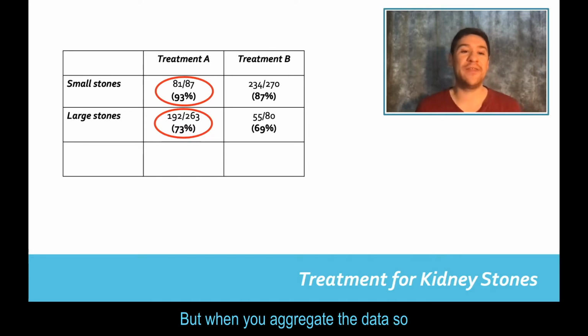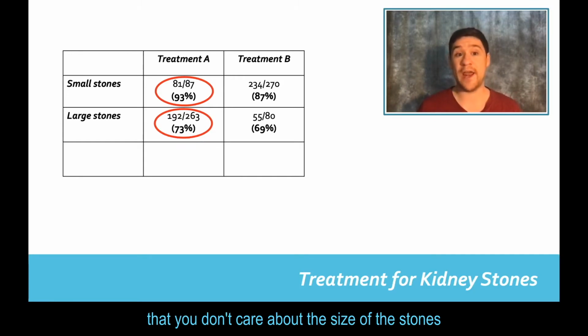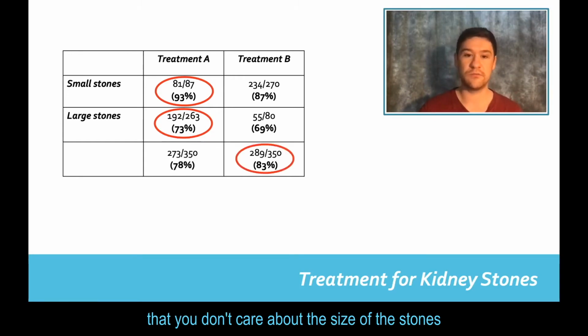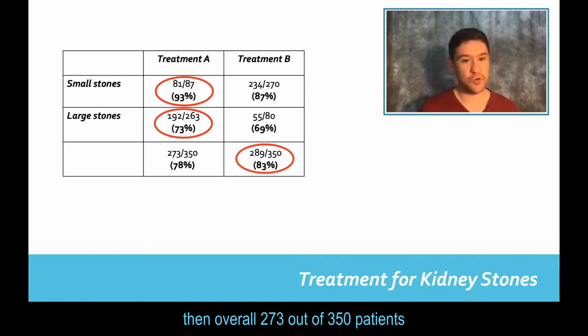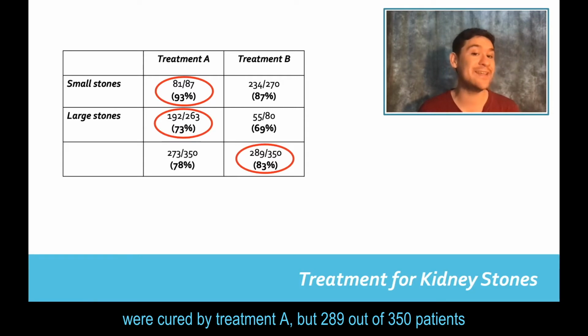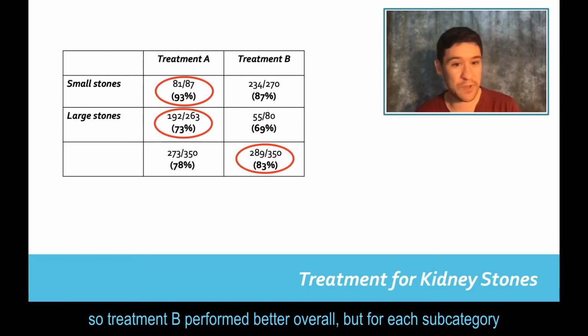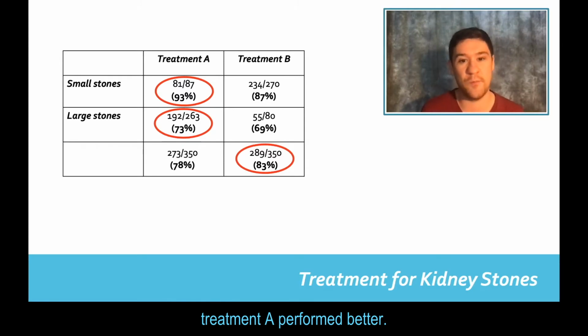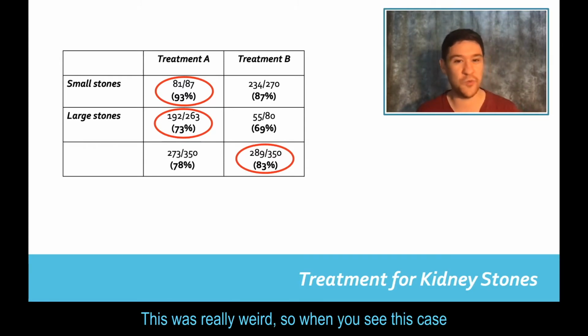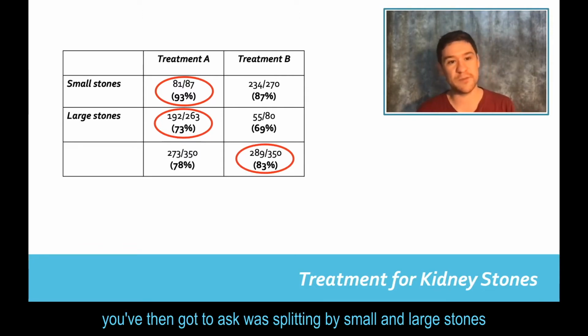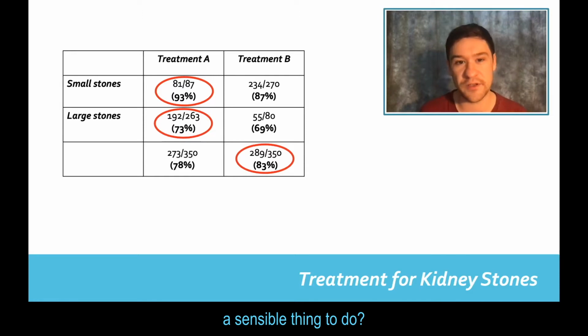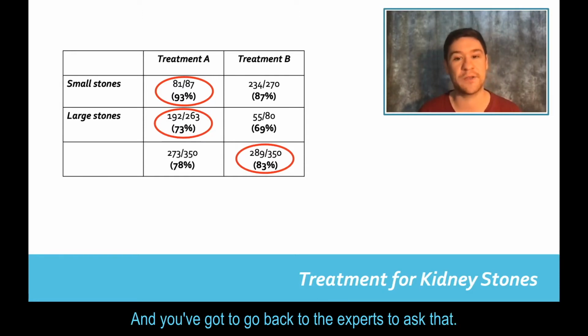But when you aggregate the data so that you don't care about the size of the stones, overall 273 out of 350 patients were cured by treatment A, but 289 out of 350 patients were cured by treatment B. So treatment B performed better overall, but for each subcategory, treatment A performed better. And this was really weird. When you see this case, you've got to ask, was splitting by small and large stones a sensible thing to do? And you've got to go back to the experts to ask that.